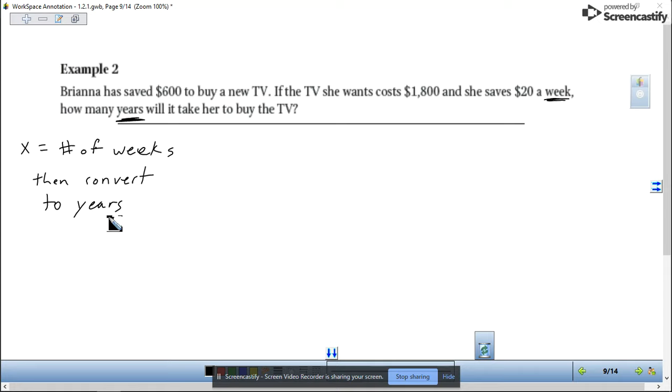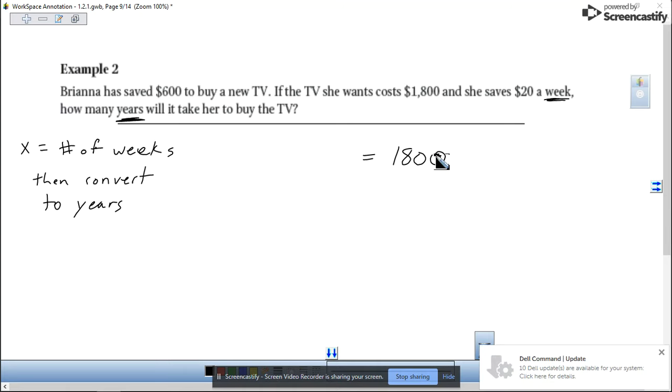All right, so she knows that she needs $1,800 for a TV. She started with $600. So the real question is, what's that piece? Okay, well, we don't really know, but we do know that it's per week. The number of weeks is going to be X. And she saves $20 per week. Per meaning multiply.